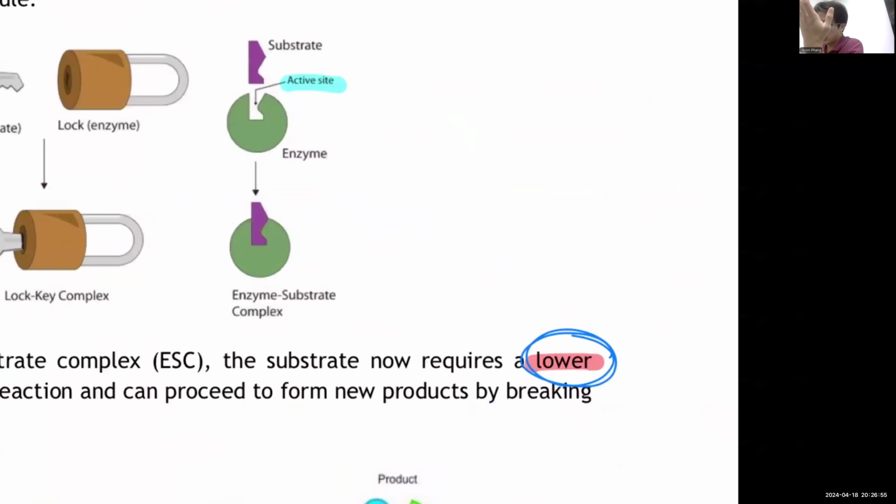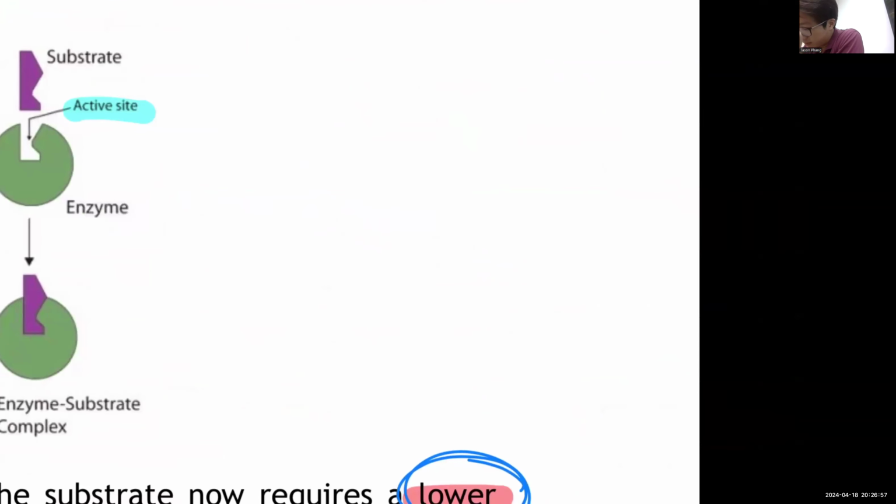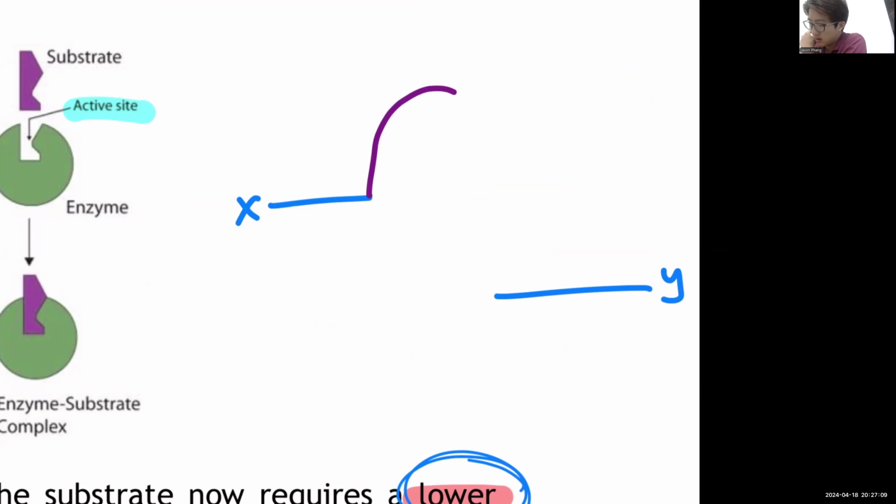Let me draw for you a hill. Point X, point Y. I need you to get from point X to point Y, but you need to climb this hill first. Because if I ignore the hill, then you just go direct.